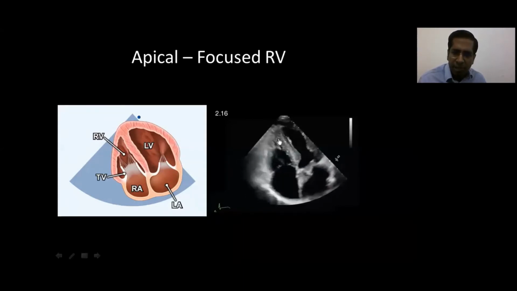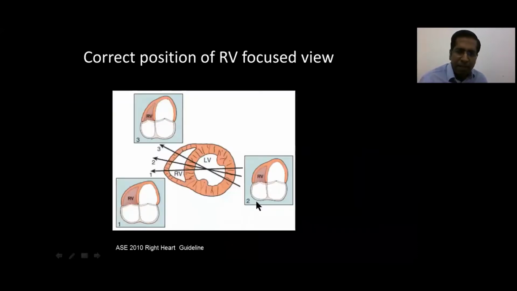Whether you take your TAPC, now you can nicely align it, or your S prime tissue Doppler, or whether it is fractional area change, any kind of measurement should be done in this particular view. Again, this is from the guidelines, right heart guidelines. The importance of putting this up is that here you can see that the LV in all these three images is looking the same, but what is looking different is the right ventricle.